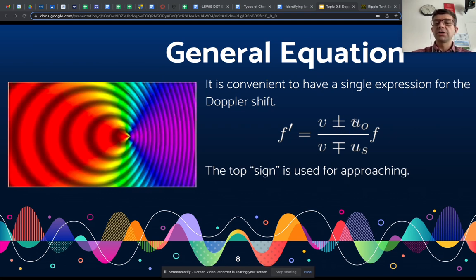That gives you a larger numerator and a smaller denominator, both of which would lead to a higher frequency. And the minus sign on the numerator and the plus sign on the denominator give you smaller values. So those would be for the decrease in frequency that you hear when the source is receding from you or when you're receding from the source.